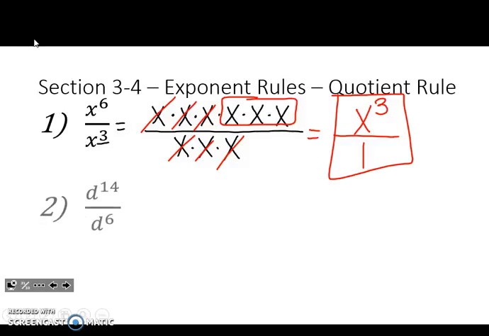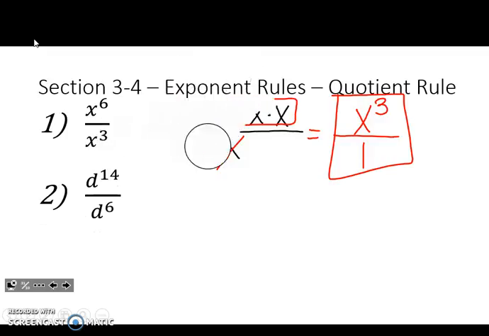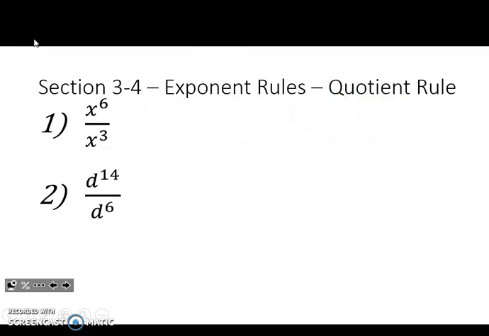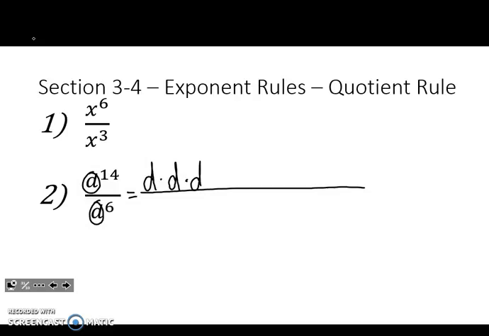Let's look at another one. So this one is d to the 14th power over d to the 6th. So since they have the same base, let's write it out. So d times d, we're going to write out 14 d's. 3, 4, 5, 6.